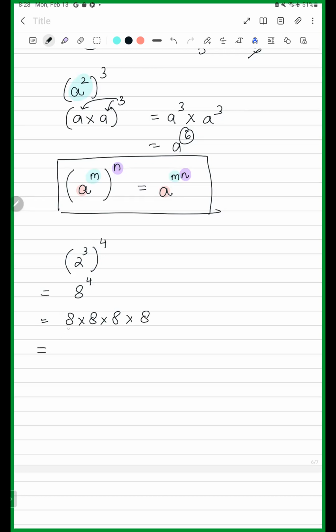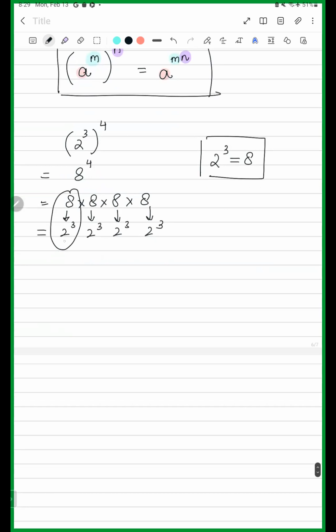Now this 8 you can write it as 2 to the power 3. How? 8 is equal to 2 to the power 3 or not? Oh yeah, it is. ठीक है? Similarly this 8 is also 2 to the power 3, and similarly all of them.